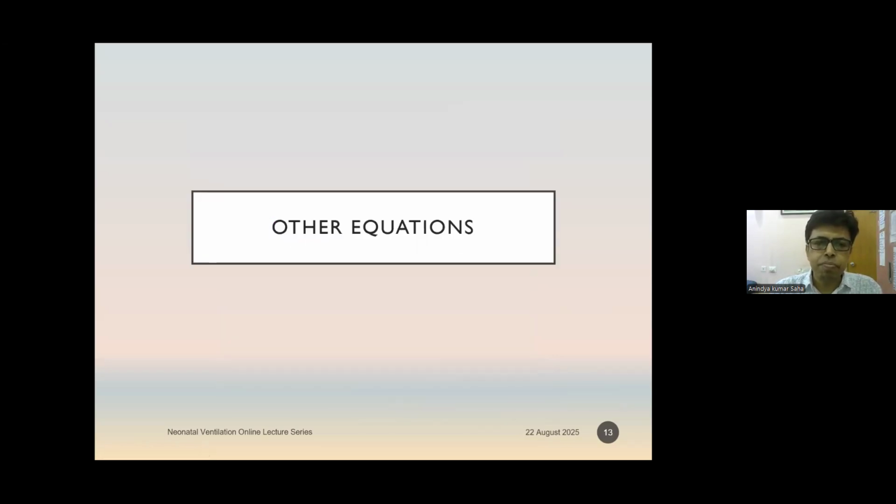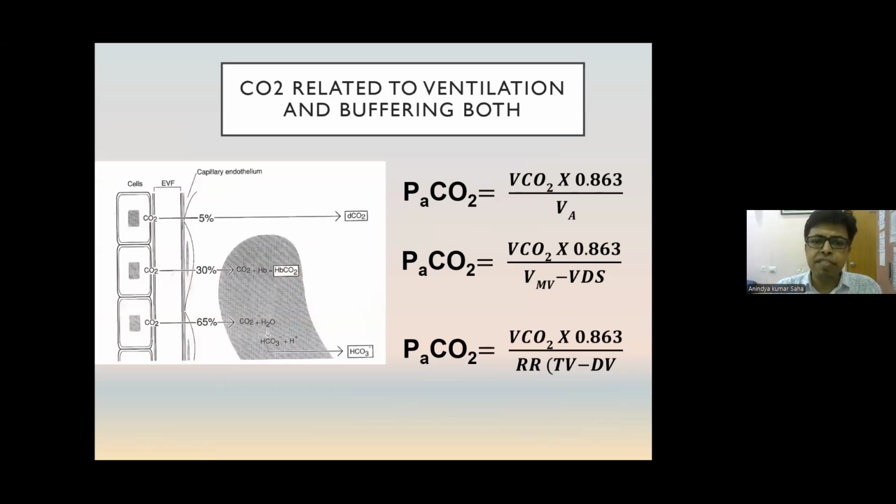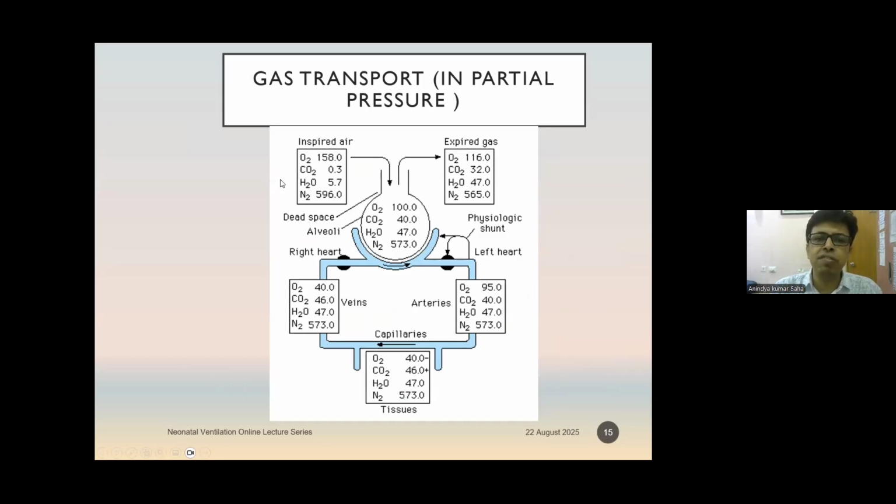There are other equations, like the PCO2 equation, how the PCO2 is measured, which depends on the tidal volume, respiratory rate and the dead space volume. Then the different oxygen and carbon dioxide partial pressures in different types of gases, like inspired air, alveolar air, the blood and the tissues.